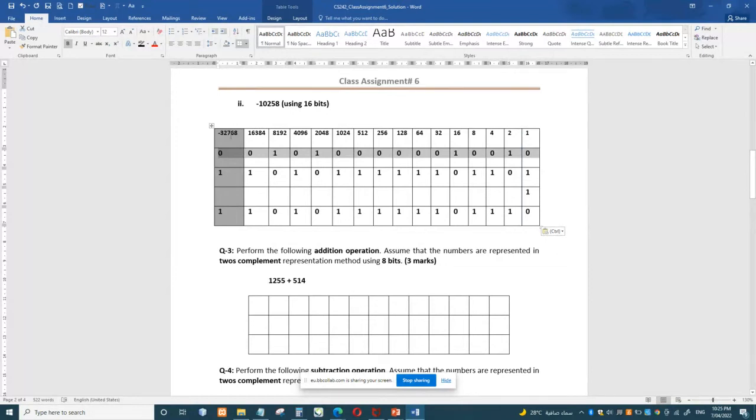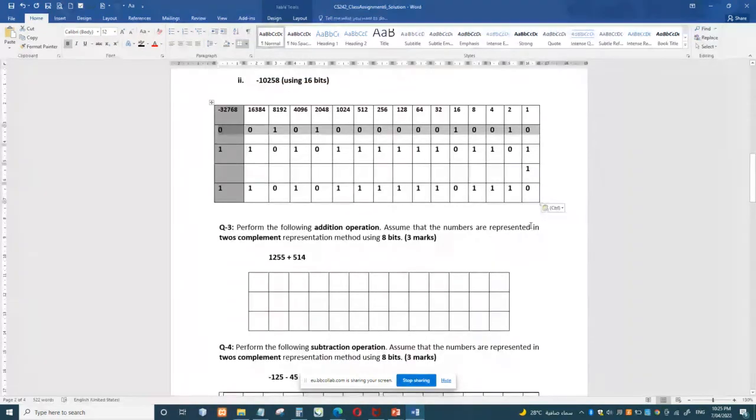Because with this one you have added some values, so you should show me that addition. Even if you are doing it using a calculator, you still show me how you got these values. Or if you do it in this method, it is clear that the steps are shown, so you don't need to show me anything.